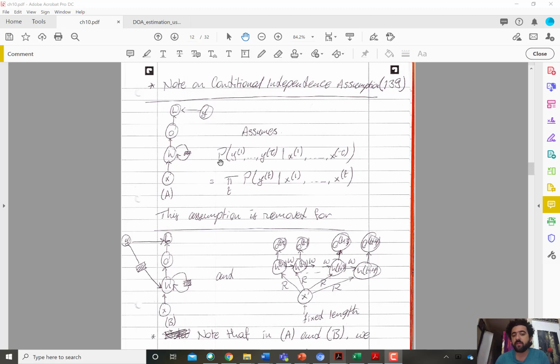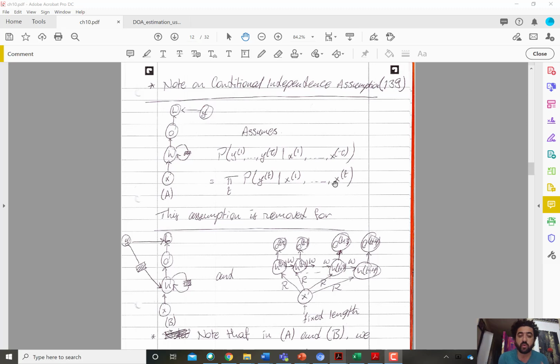So here, if we think of the probability of y of 1, let's say I have a sequence of tau elements, tau time steps, then the joint probability of y of 1 up to y of tau, given x of 1 up to x of tau, is basically equal to a product of all the time steps, the probability of y at that current time step, given the current and previous inputs, which is x of 1 up to only x of t, right?